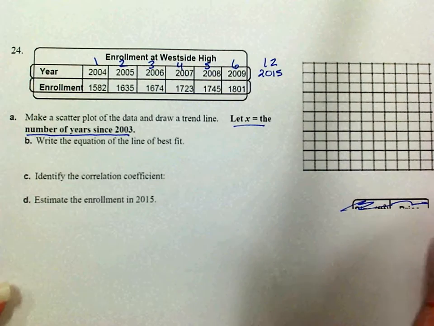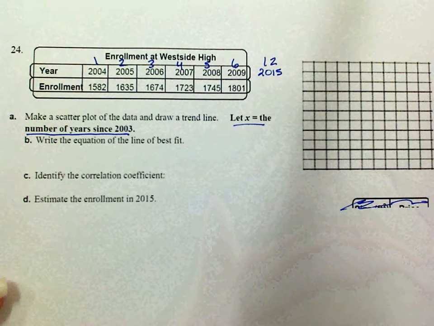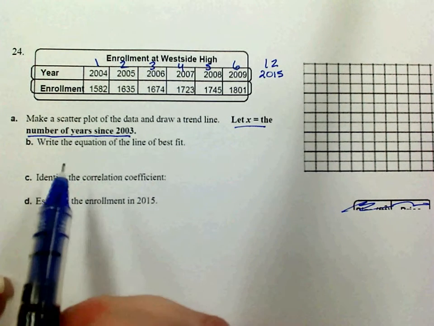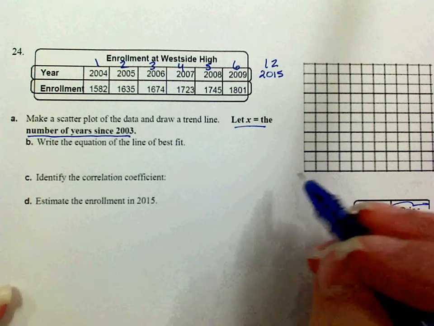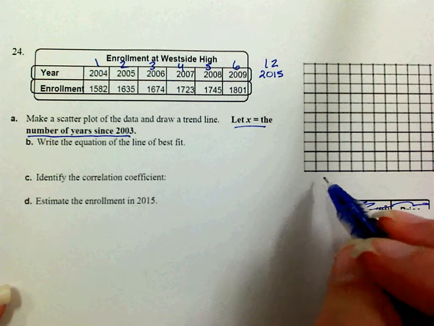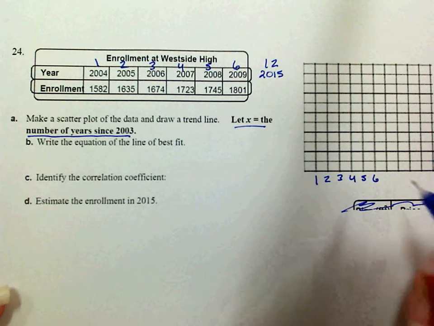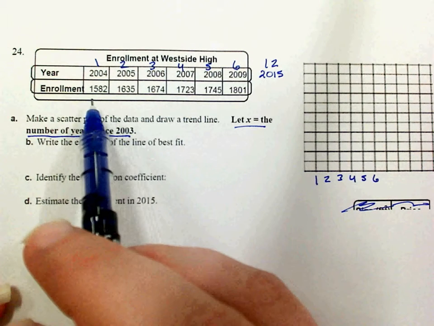Alright, so make a scatter plot and draw the trend line. Okay, so you could do that. You would make your data. What would you do for the x-axis? Just 1, 2, 3, 4, 5, 6? What about the y-axis? What are you ranging from? 1582 to 1801? So what do you think? 1550?